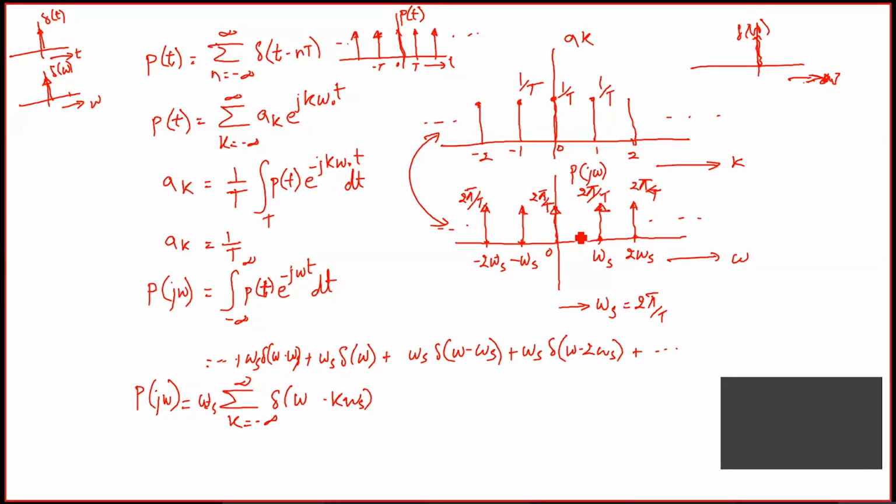This is a shifted impulse, delta(omega minus 2 omega_s) is the other shift, and the values throughout are omega_s. If we write it as a summation, it ends up giving us omega_s times the sum of shifted impulses delta(omega minus k omega_s). So this is your Fourier transform right here.